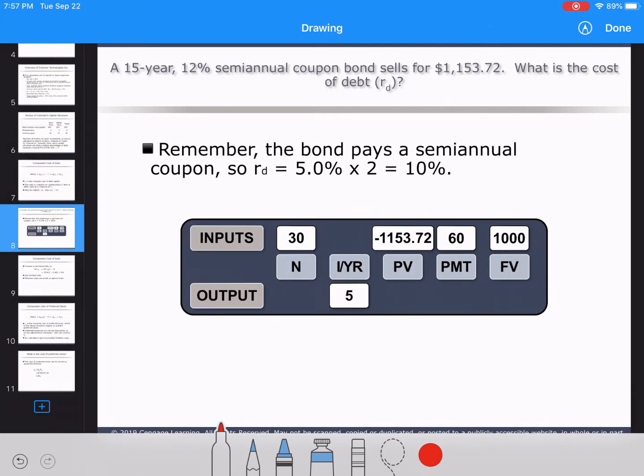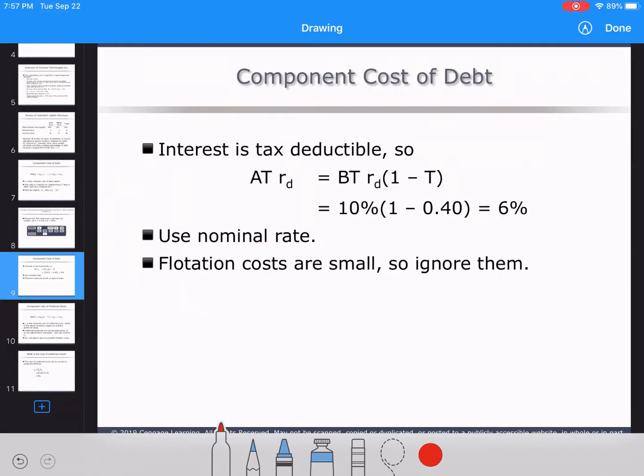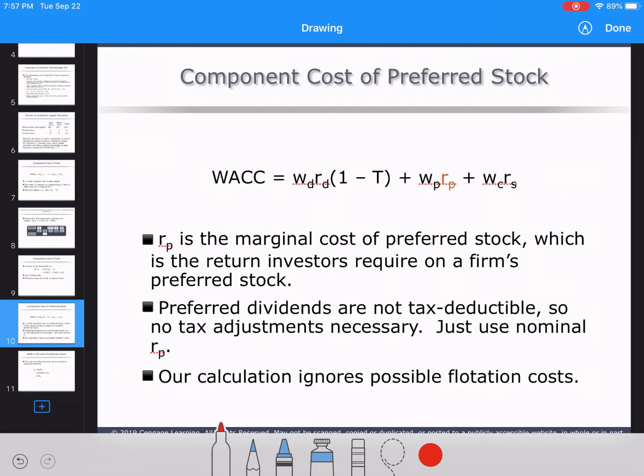To find R sub D, you use your calculator and find that the semiannual rate is 5%. You multiply by 2 to get 10%. Then after tax, you take the tax out at 40%, and you get 6%. Now we have done one.